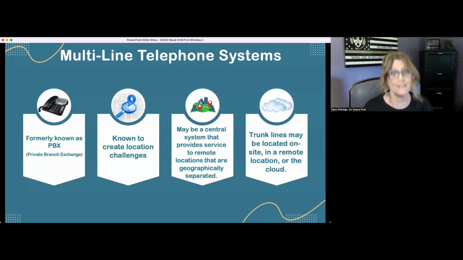So can that wreak havoc? Yes, it sure can. Some of the trunk lines may be located on site, in a remote location, or in the cloud. So very different in many situations. Let's learn about them.